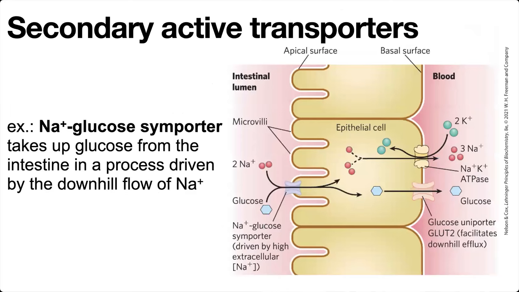An example of this is our sodium glucose symporter. So symporter, it's transporting sodium and glucose in the same direction. It takes up glucose from the intestine in a process driven by the downhill flow of sodium ions. So remember that we keep sodium concentrations low inside of cells, but we do that by pumping sodium out of cells actively through that sodium-potassium ATPase.